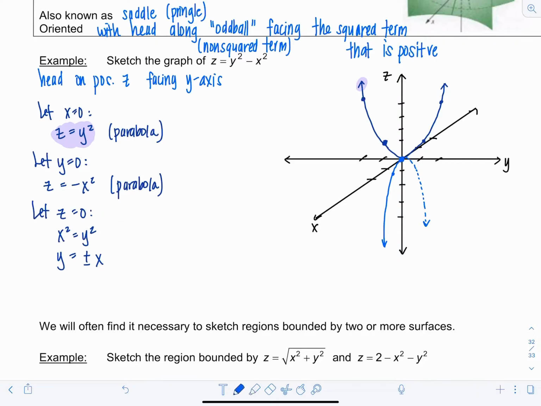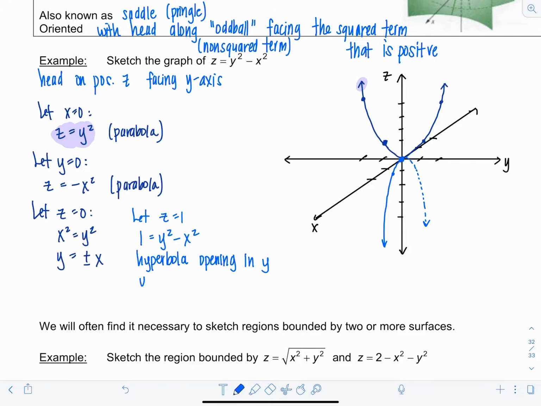Say I were to let z equal 1. So if z is 1, then I get 1 equals y squared minus x squared. That's a hyperbola opening in y.